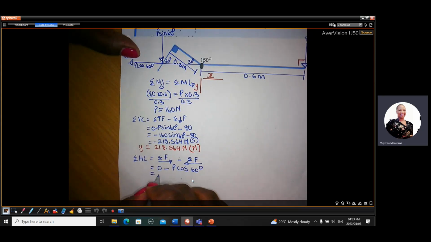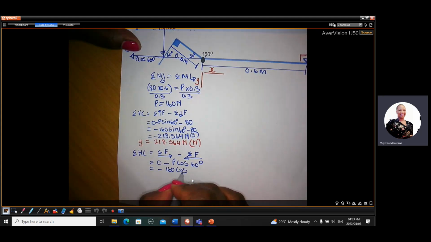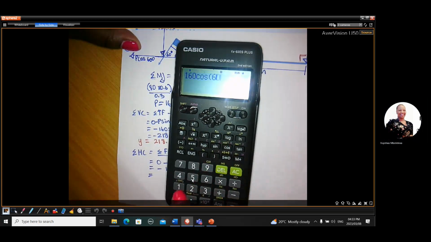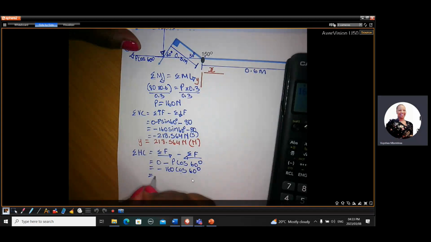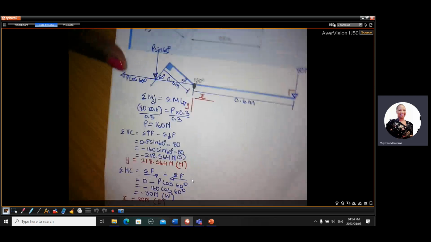We already calculated P as 160, so we substitute it there: 160 cos 60 gives us 80 newtons. So it's negative 80 newtons, which means it's going west. So our reaction force will be a positive 80 newtons going east.